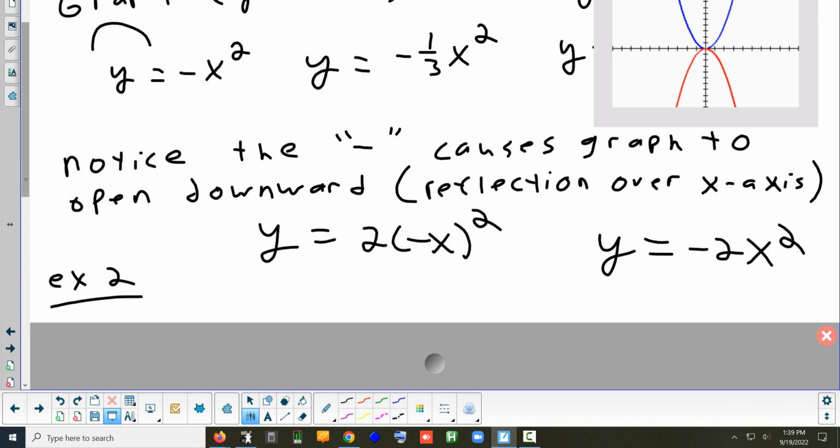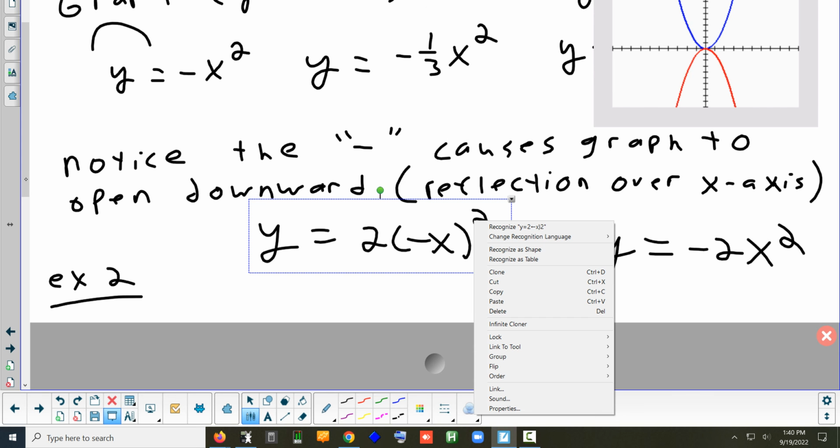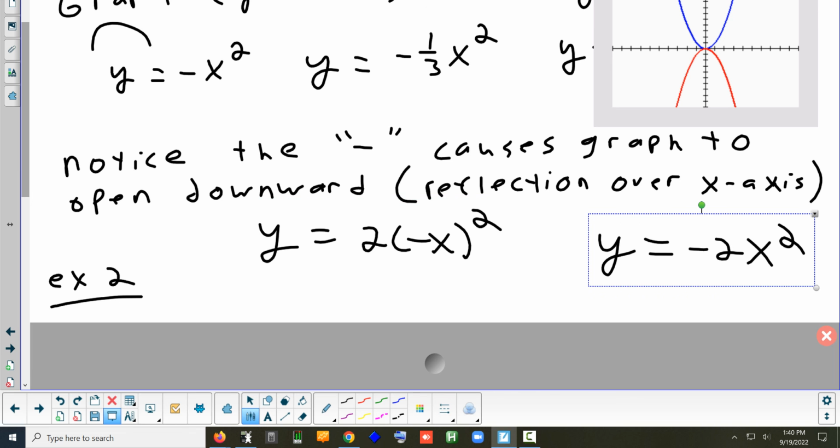Where you put the negative makes a big difference. And even if you just look at it, think about PEMDAS. If you put the negative inside the parentheses, the negative and the x are getting squared. Over here, just the x is getting squared. The negative is not part of the thing that's getting squared at all. So it's totally different.